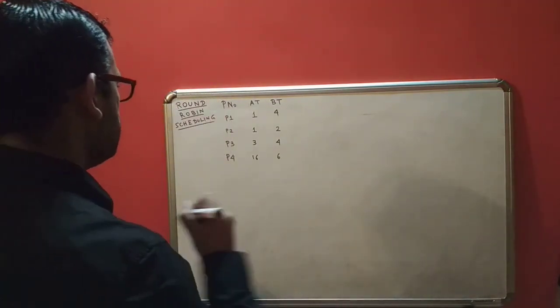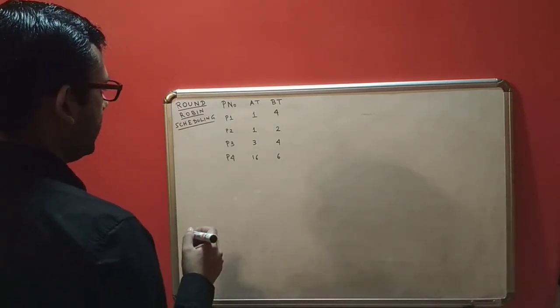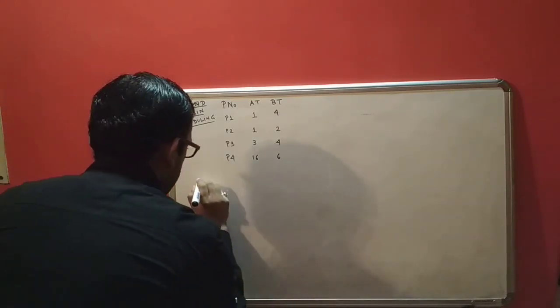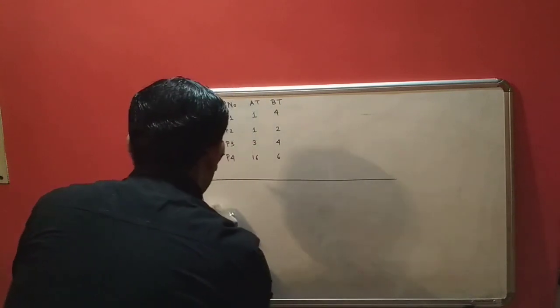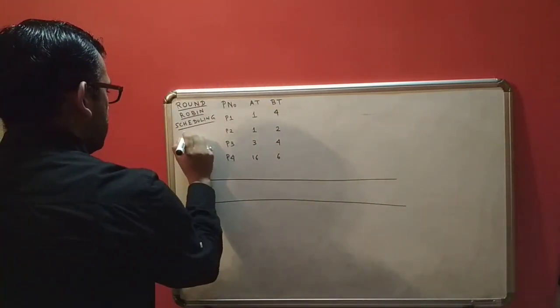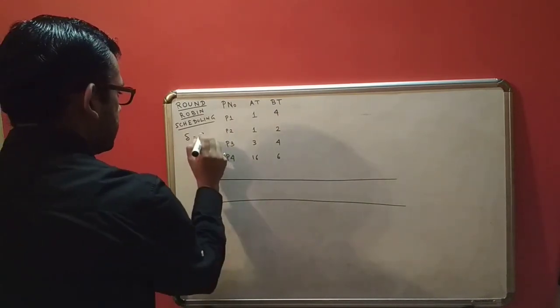So now, in order to solve such questions, what you should do is you should take help of the NAT chart. So let's just derive the NAT chart first. Mind you, the time quantum is given by delta, and it's 3 in this case, 3 units.